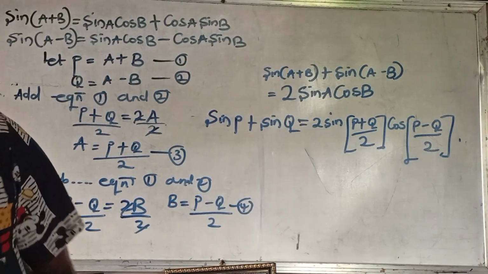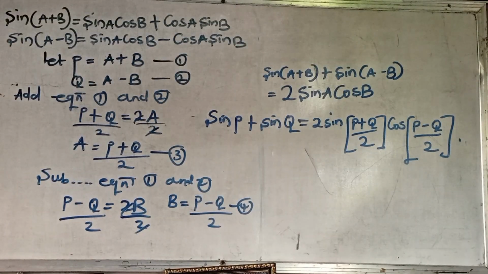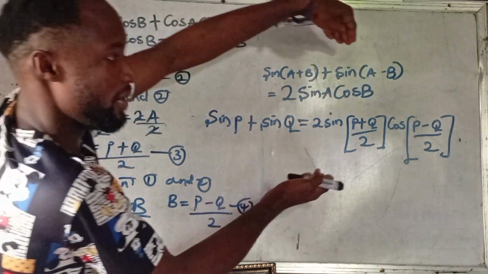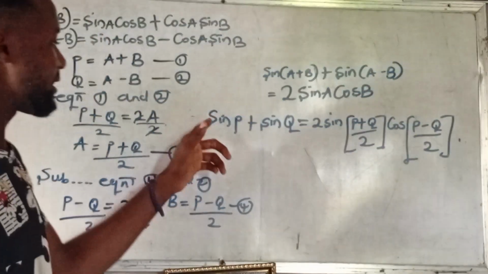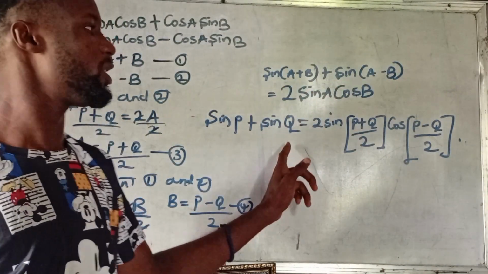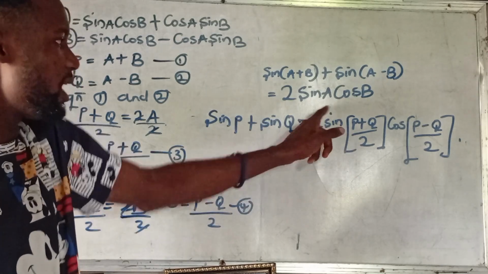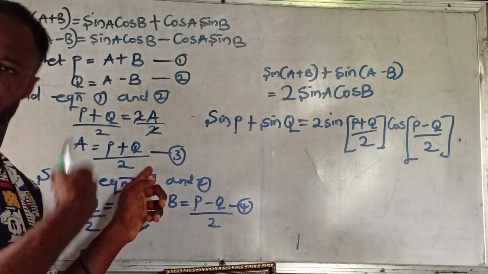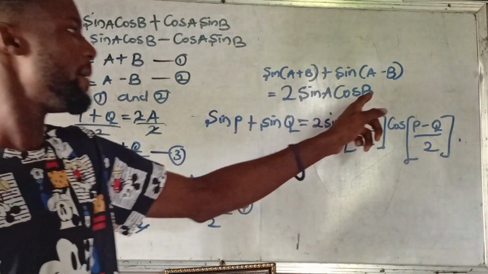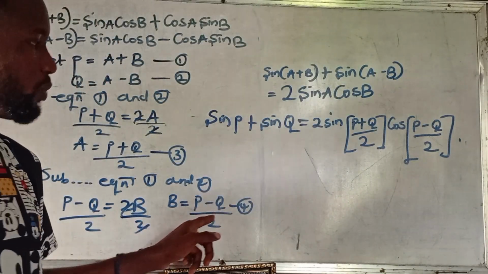What I did here is to substitute what we got here into the formula. From the last, A became P plus Q divided by 2, then B is P minus Q divided by 2.